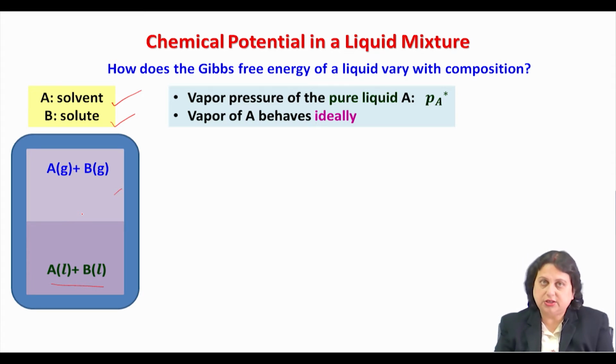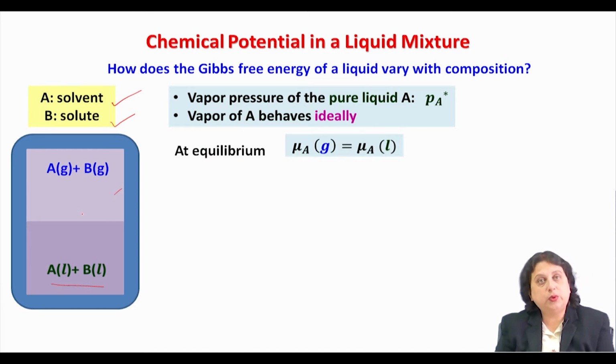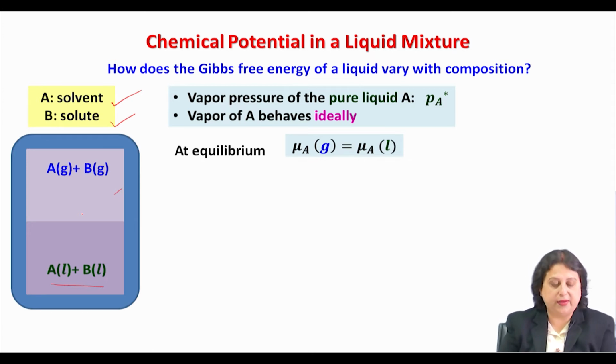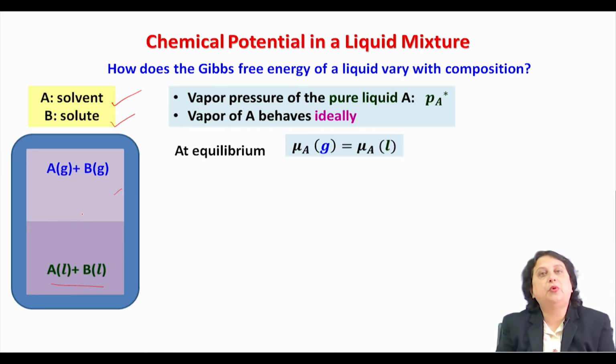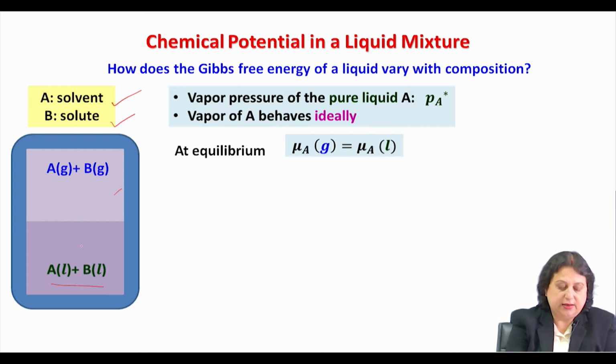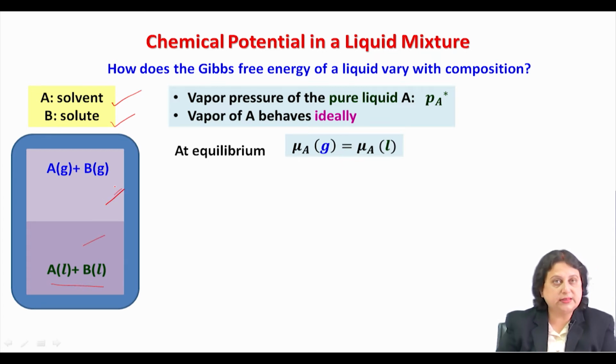Now with this notation in mind, what I can say is this: if the liquid mixture is in equilibrium with the mixture in its vapor phase, then if I concentrate on the component A, I must have at equilibrium the chemical potential of the component A having the same value irrespective of whether it is present in the liquid phase or in the gas phase.